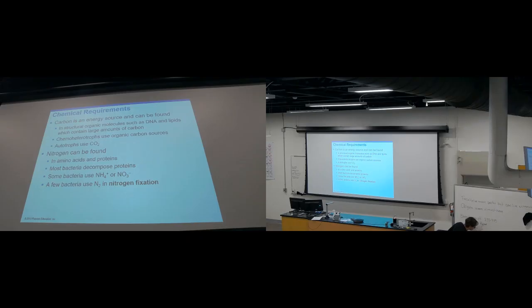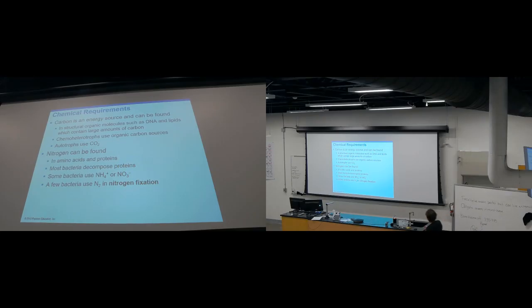Every amino acid of the 20 that we have, no matter which one it is, has all this core. The only thing that varies is the R group, depending on the amino acid. So then, where is the nitrogen? Here. So bacteria can get the nitrogen out of the amino acids that we have in the proteins.